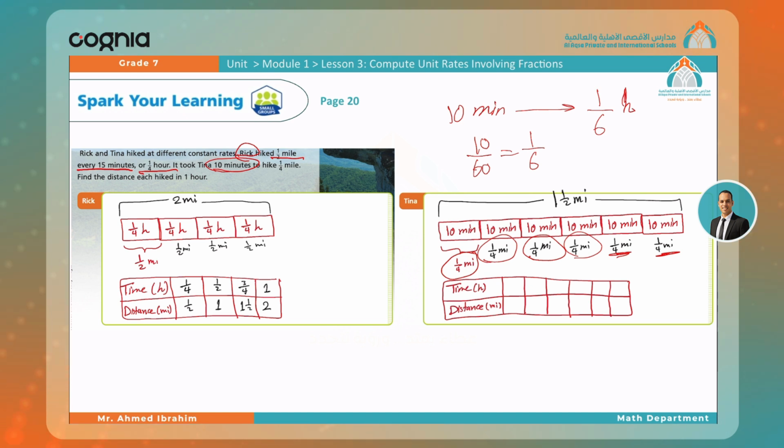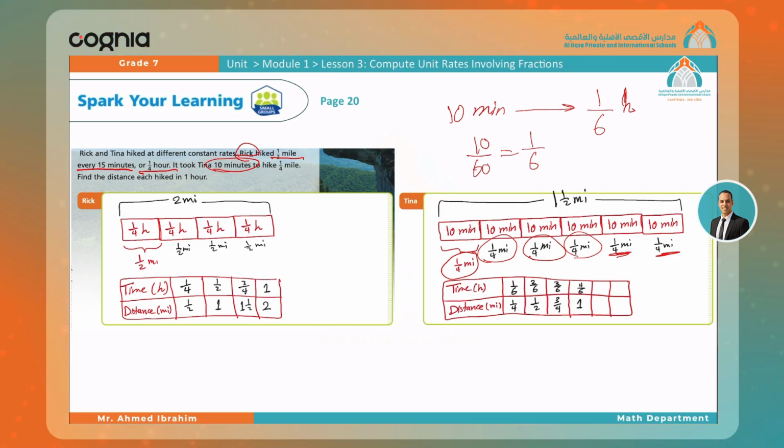Okay, so let's see, after 10 minutes, which is 1/6 of an hour, Tina hiked a quarter mile. So 2/6, it's 2 quarters, which is half a mile. And 3/6, it will be another quarter, so it's 3/4 mile. And 4/6, that will be 4 quarters or a whole one.